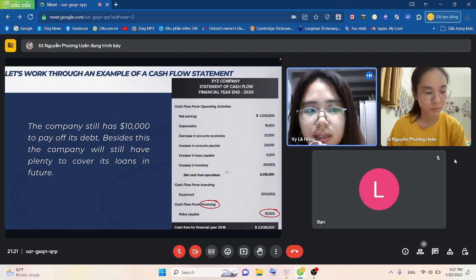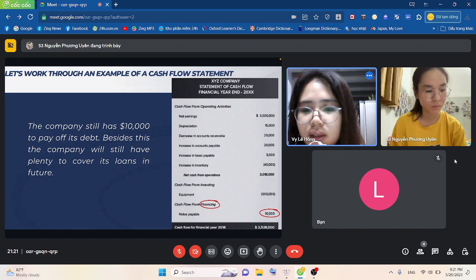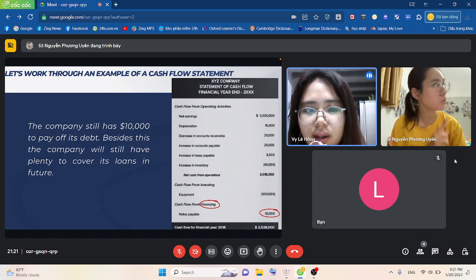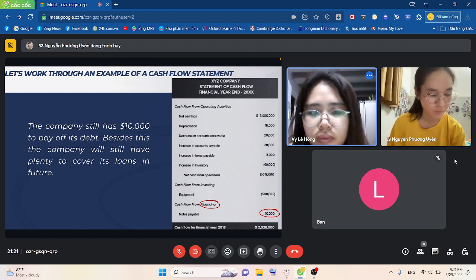And financing activity. After investing, the company still has 10,000 to pay off its debt. In this case, nothing is payable. Besides this, the company will still have plenty to cover its loan in future.